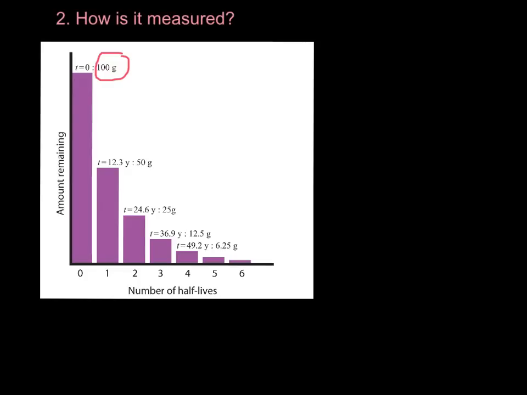So here's a bar graph that shows you the number of half-lives for some element, breaking down from 100 grams to half. How much time did it take for the 100 grams to go to 50 grams? They measure that amount of time, and that's a half-life. And then they do another half-life. They wait for it to break down to 25 grams and measure the amount of time, and that would be a second half-life. And after a few half-lives, they'll take an average to get an average half-life.